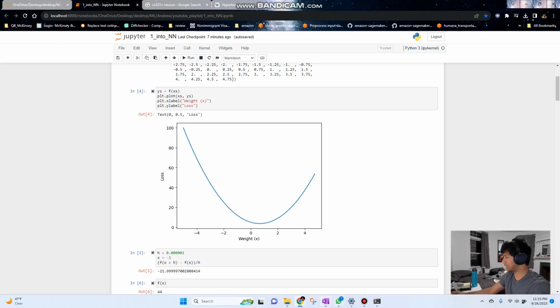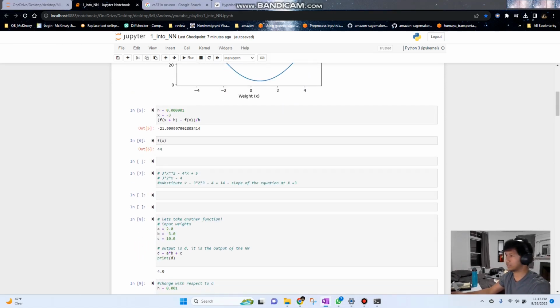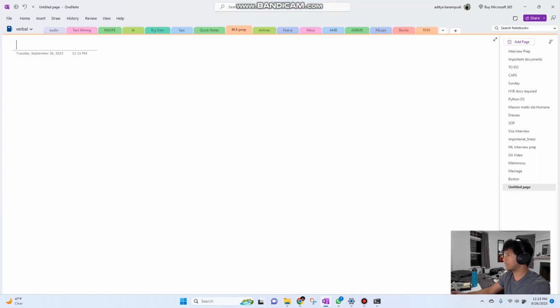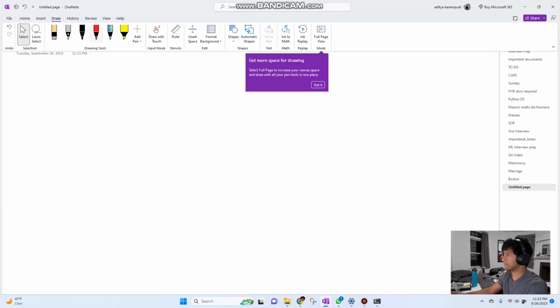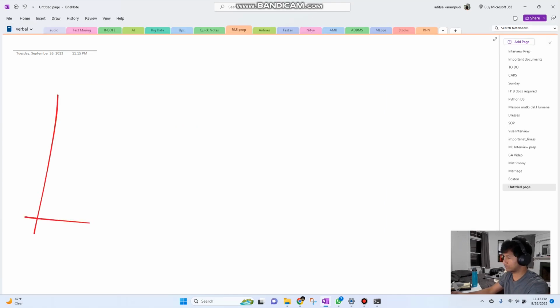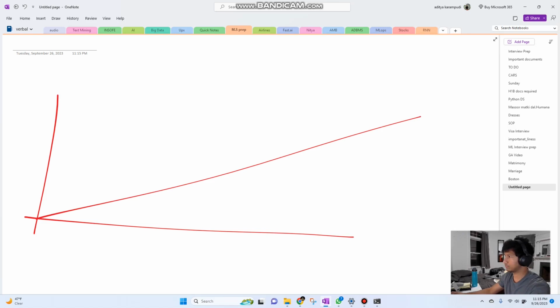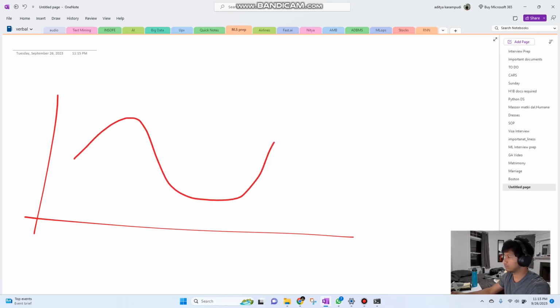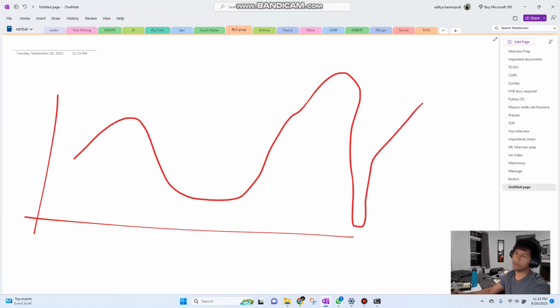Maybe I can better illustrate this with a picture that I'm going to draw real quick. Let's assume this plot to be a 3-dimensional one, and our loss might be something like this, right?